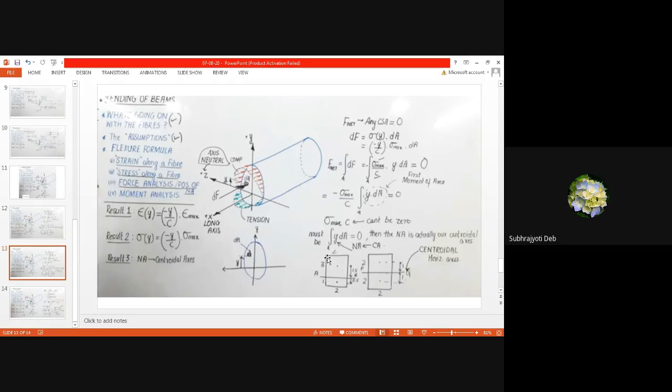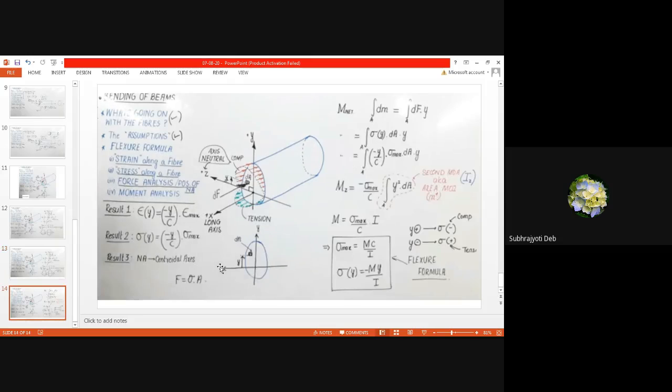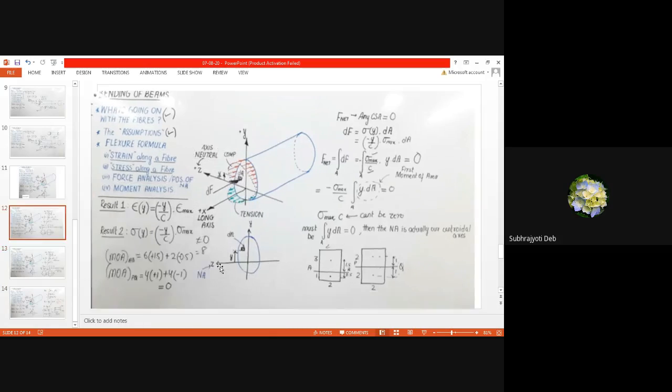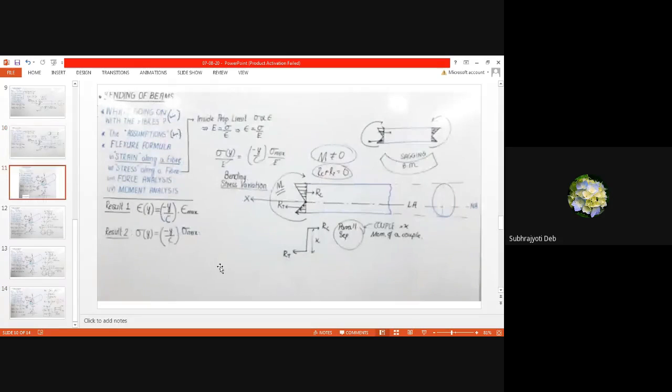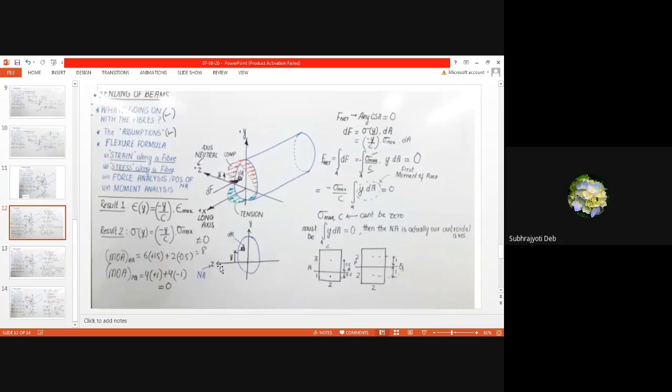Now, the moment of area. What is moment of area? This is your area into depth. So what is the area of this upper section? 3 into 2, that is 6, into 1.5.